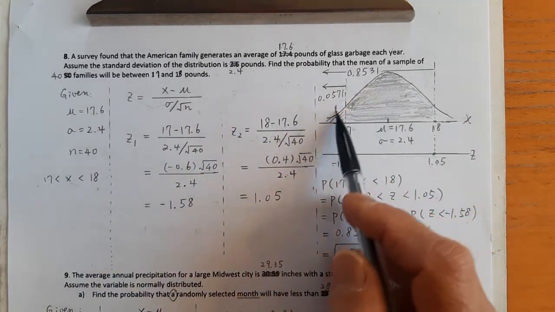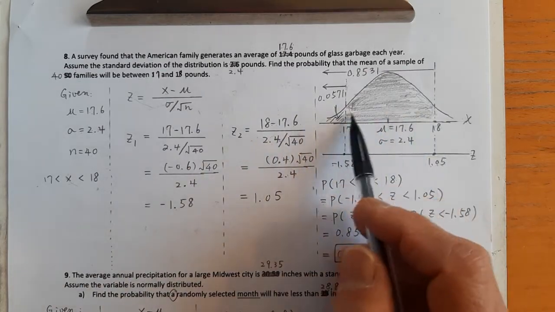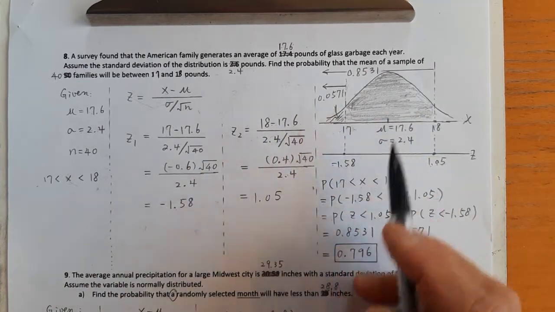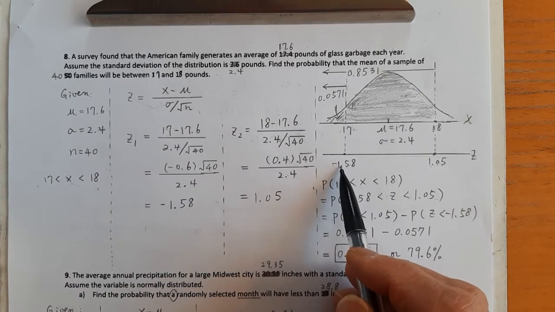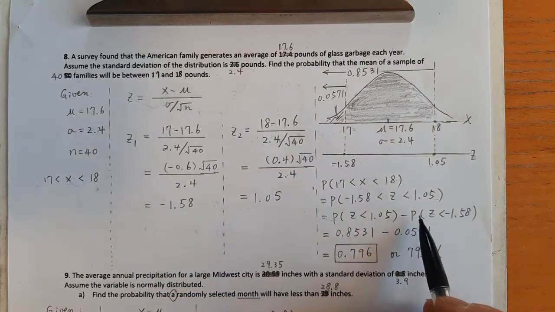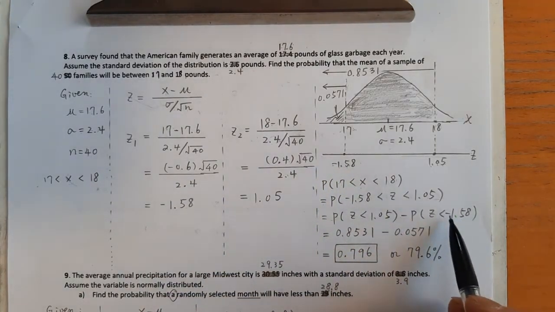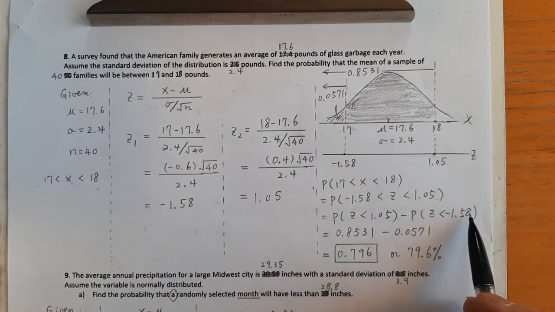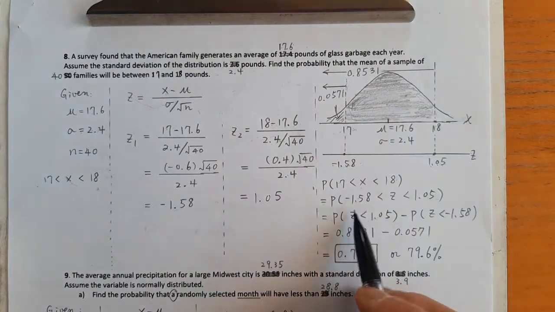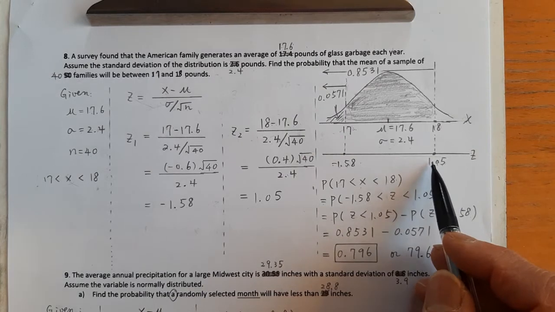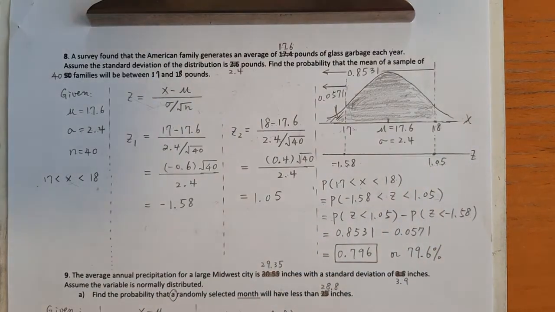Then you have to subtract the area to the left of negative 1.58, so minus the probability of z less than negative 1.58. So use the table to the left of 1.05.